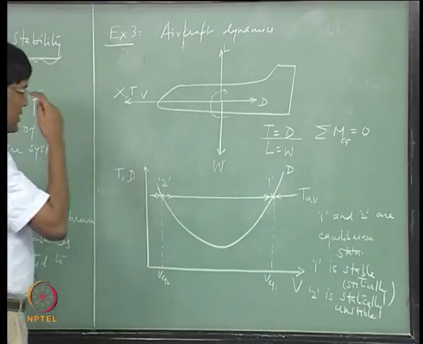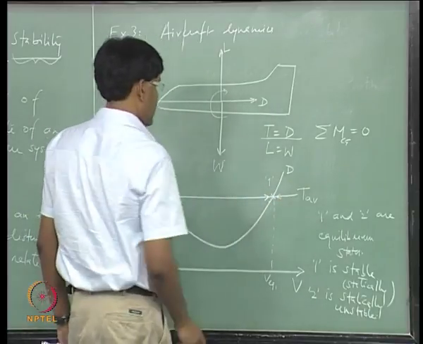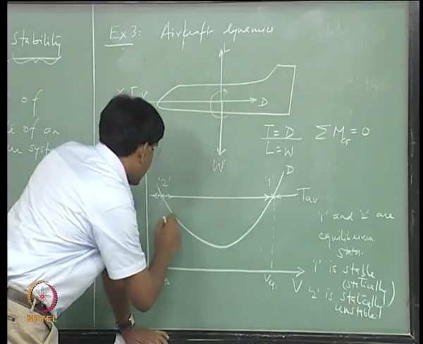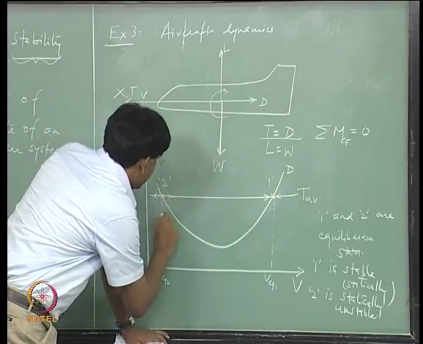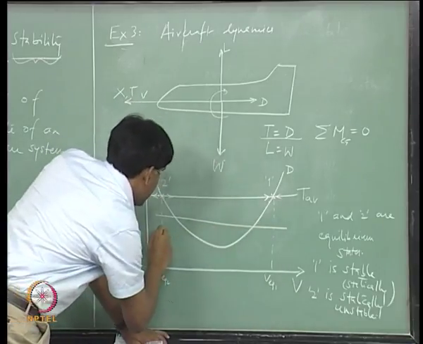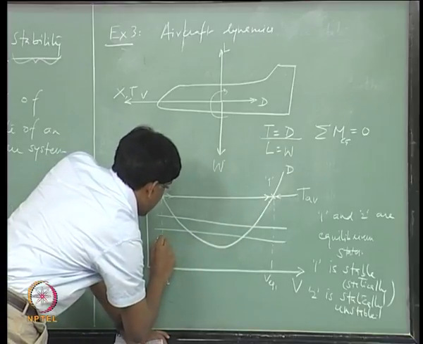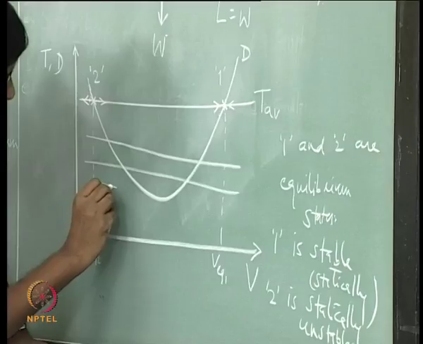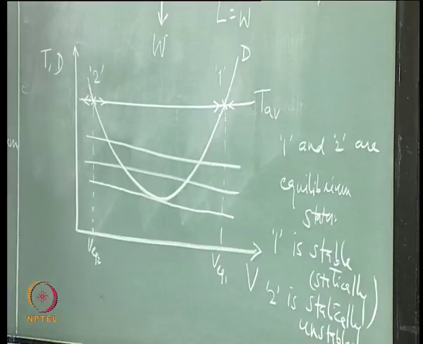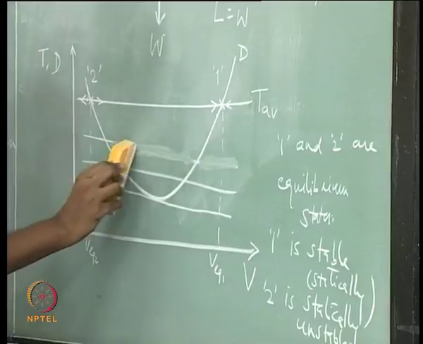Now, let us look at what happens when you change the thrust available. Thrust available will also change with altitude, and when you go to higher altitudes, thrust available is going to go down, and this line is going to be almost parallel to the first one.